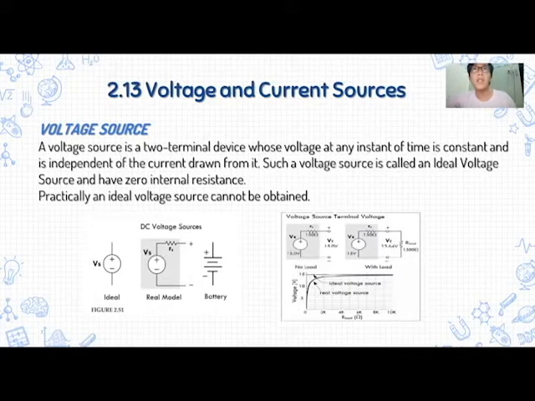And next, the voltage and the current source. A voltage source is a two-terminal device whose voltage at any instant of time is constant and independent of the current drawn from it. Such a voltage source is called an ideal voltage source.